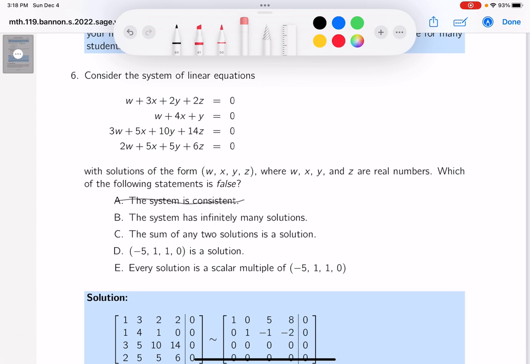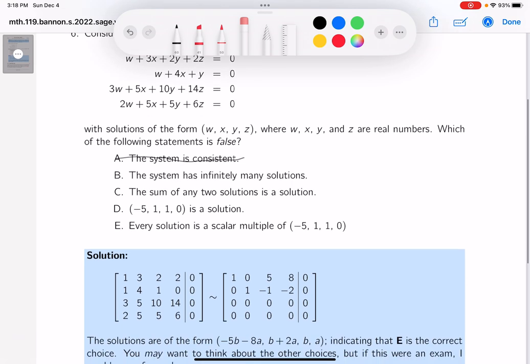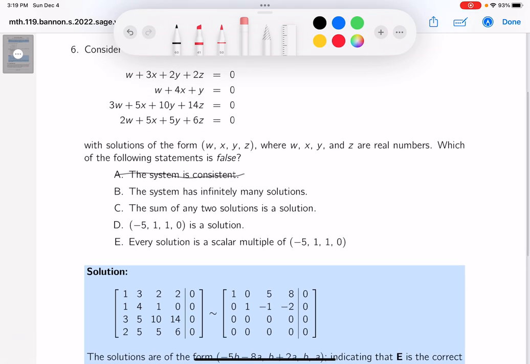Looking at it, though, I would probably try to put it into reduced row echelon form, or at least try to get to that. I know that's difficult, but you're going to write an augmented matrix down. Just looking at the W's, 1, 1, 3, 2. Let's see, the X's: 3, 4, 5, 5.